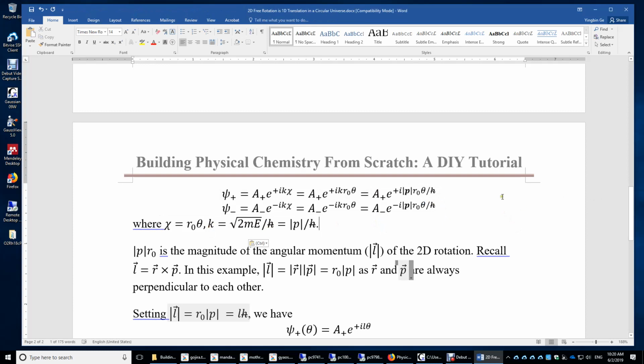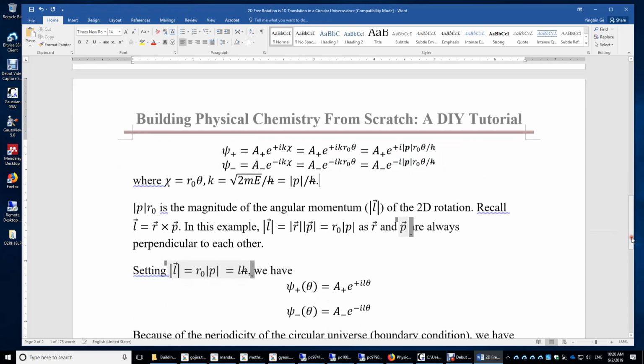And then we notice here we have momentum times the radius for the rotation. What's the physical meaning of that? It's just the angular momentum, and we have to resort to general physics. In general physics, we learned the angular momentum vector is equal to the cross product of the r vector and the p vector.